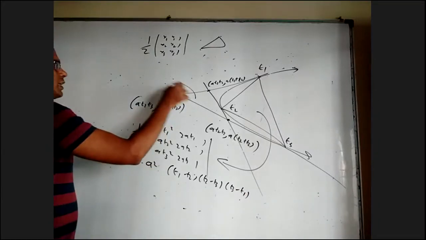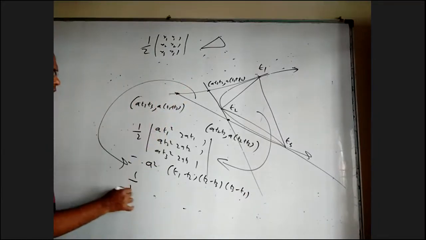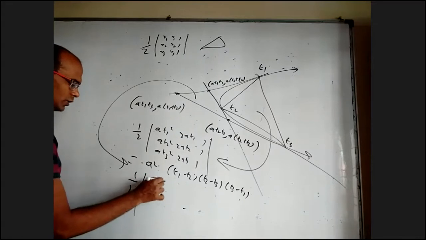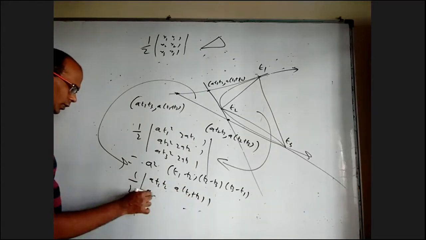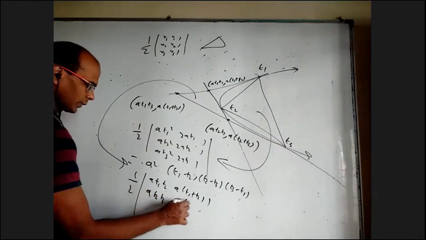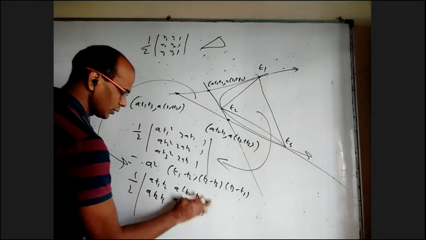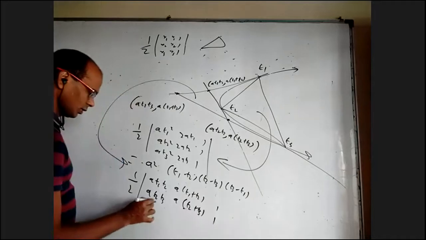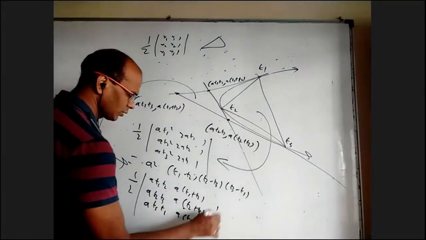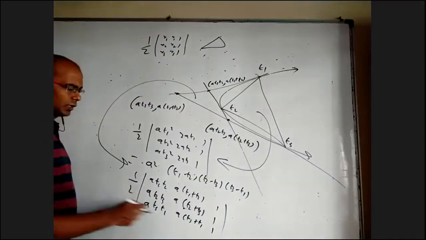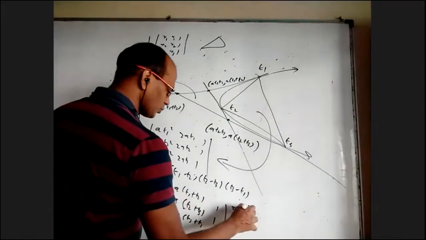When I take this area, that is the determinant of a t1 t2, a into t1 plus t2, 1, a t2 t3, a into t2 plus t3, 1, a t3 t1, a into t3 plus t1, and 1. You can take one a common here, it will become a square.